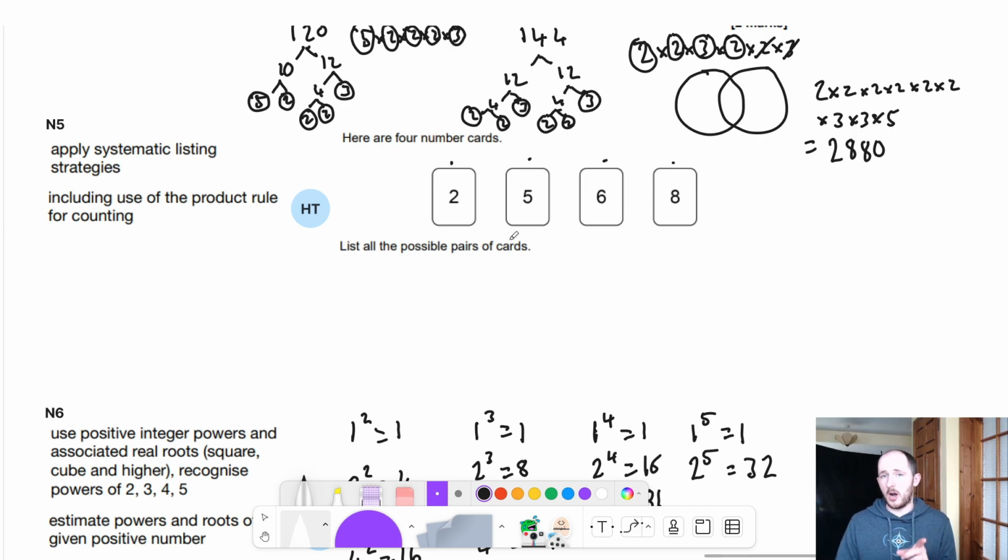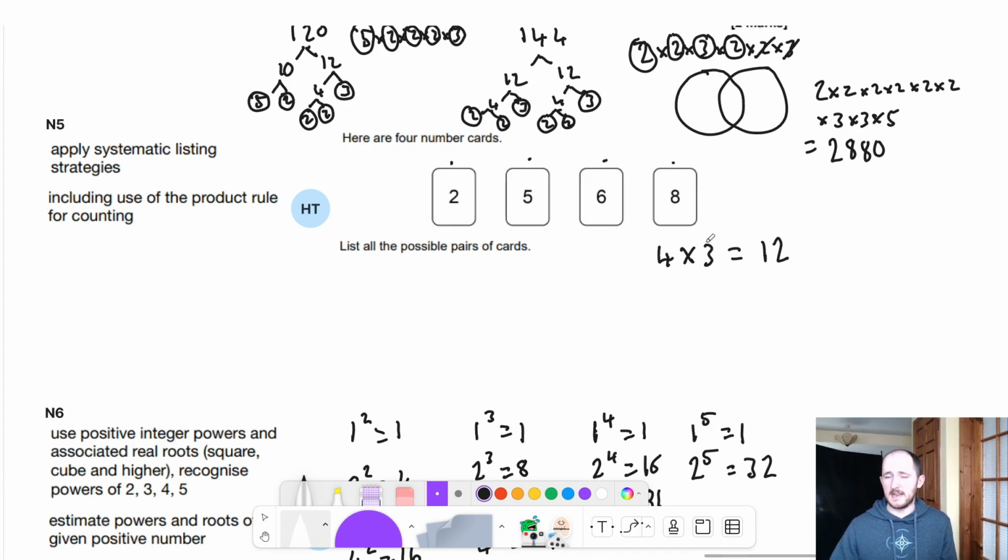So each card has 3 possible partners, so I know I'm going to times by 3. I times that by how many cards I have, because again, each card will have 3 possible cards to pair with. It can't pair with itself. And so on. So there should be 3, plus another 3, plus another 3, plus another 3, which is 4 times 3. So we should have 12 combinations.